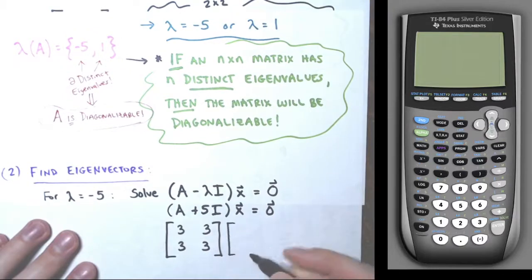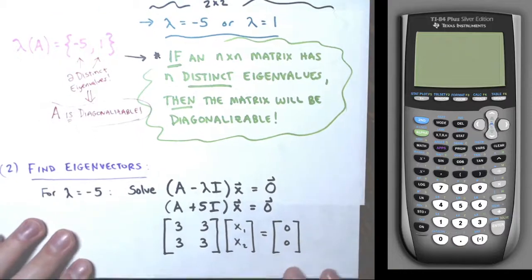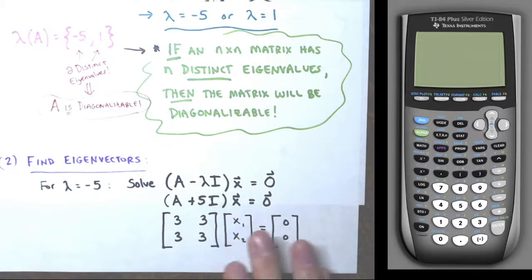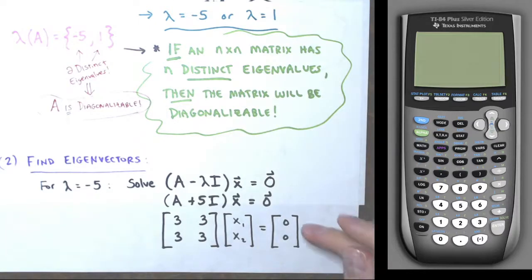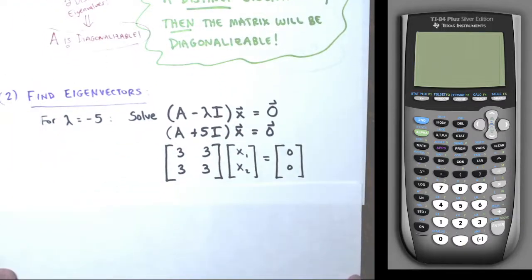And then, vectors x that solve this would have to have 2 components, say x1 and x2. And I'd like this to be equal to the 2 by 1 zero vector. I could make an augmented matrix for this, but the column on the other side of the bar is going to be full of zeros, and that won't change when I put the matrix into reduced echelon form.